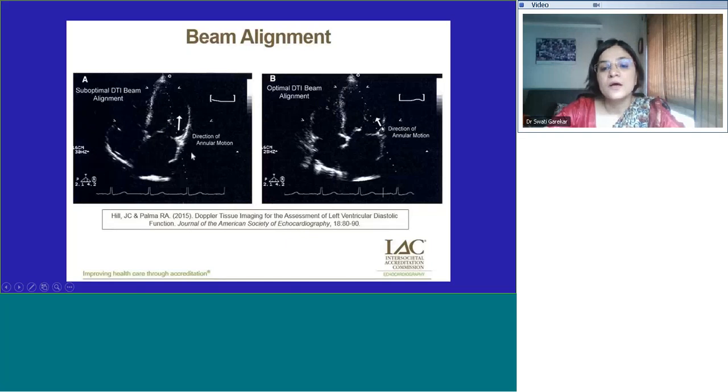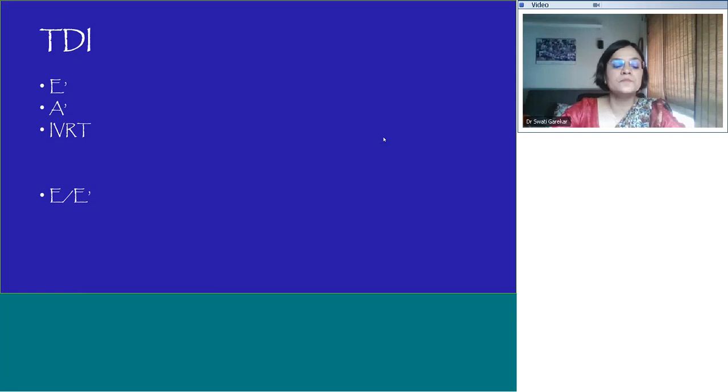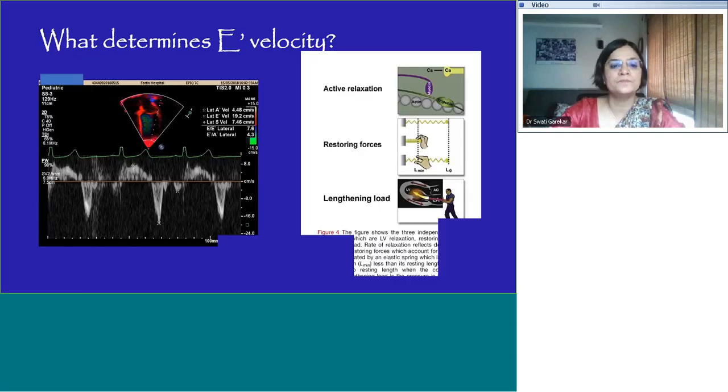Versus in this optimal beam alignment, and you're looking at it live, you're looking to see how the tissue is moving. So the direction of annular movement is aligned to where the cursor is, and this is what will give you a correct TDI tracing. So in TDI, we look at E prime, A prime, we look at IVRT, and we look at the E by E prime ratio also.